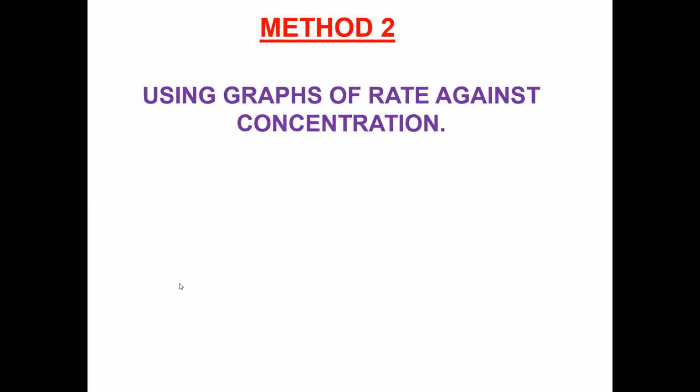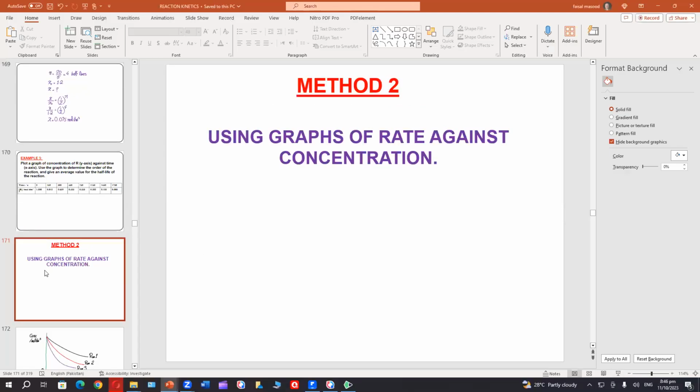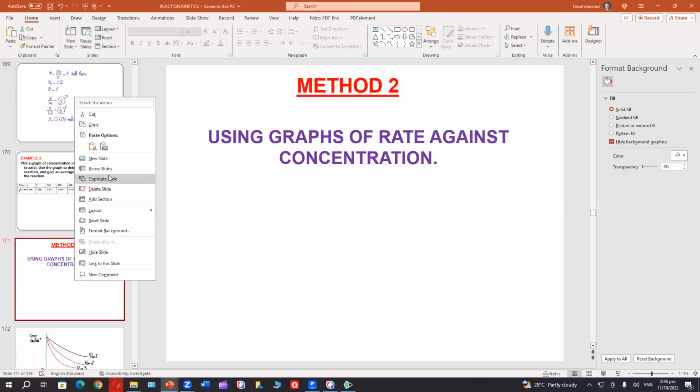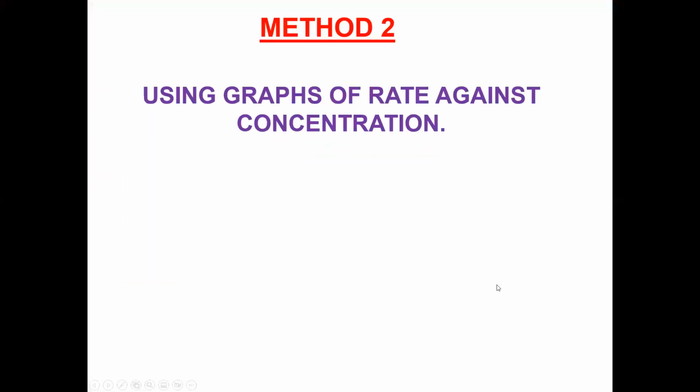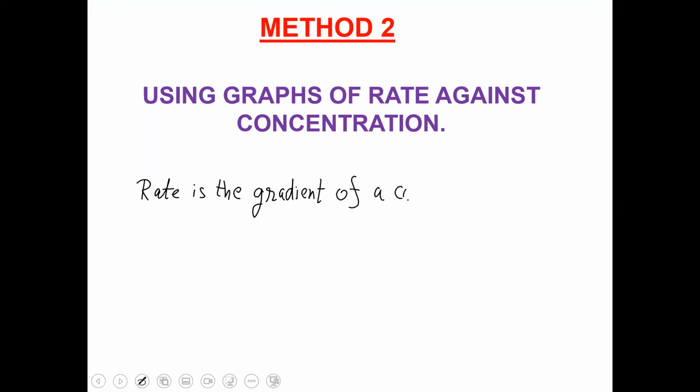So after giving this heading, write under it that rate is the gradient of a concentration time graph. You have to copy this.